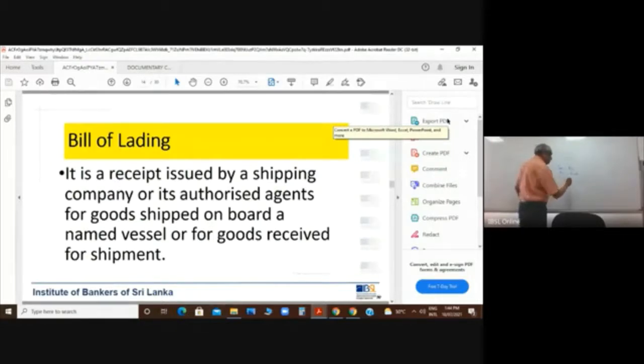By truck, we call it TCA, truck consignment note. Right? Then, the main lady.